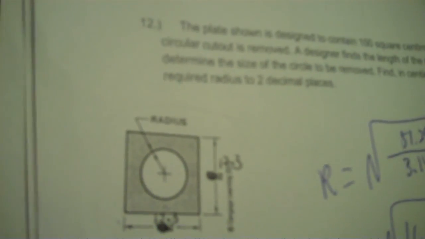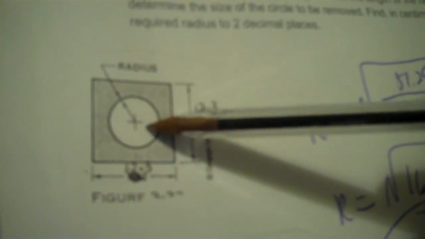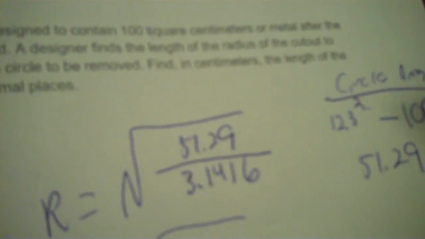So you know you've got to put something in for area of the circle, but they don't really give you that information. You have to figure it out, okay? So you can find the area of the whole thing. 12.3 to the second power finds the area inside the whole thing. Then you're going to pop that circle out. You don't know how much the circle was, but after the circle's out, it's down to 100 square centimeters.